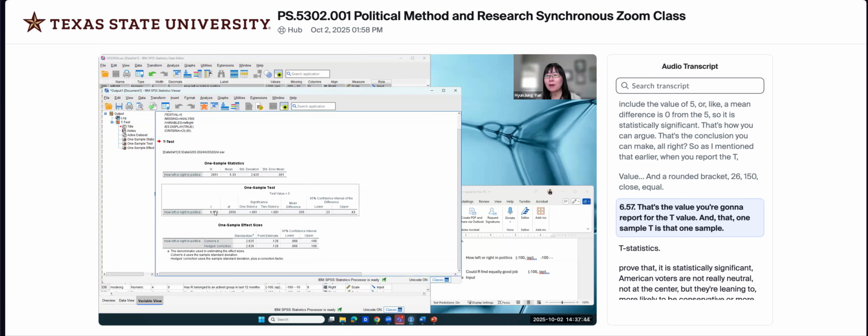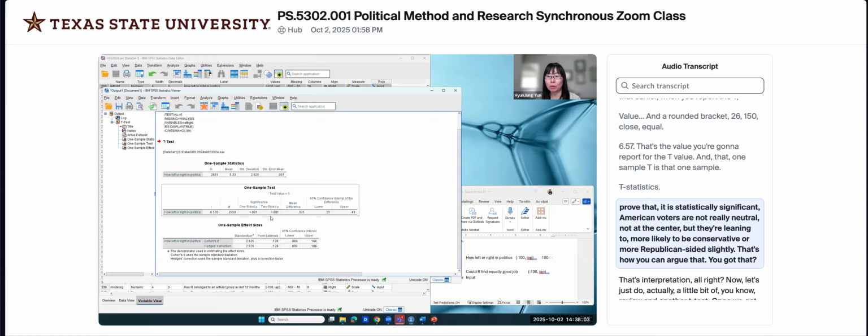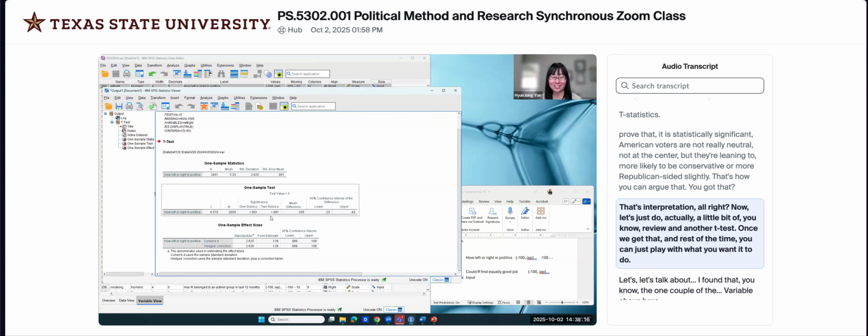And that one-sample t-statistic proves that it is statistically significant. American voters are not really neutral, not at the center, but slightly more likely to be on the conservative or Republican side. That's how you can argue that. You got that? That's the interpretation.